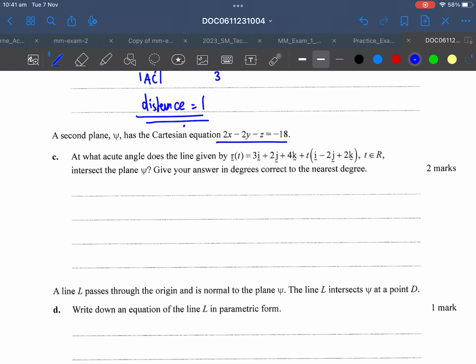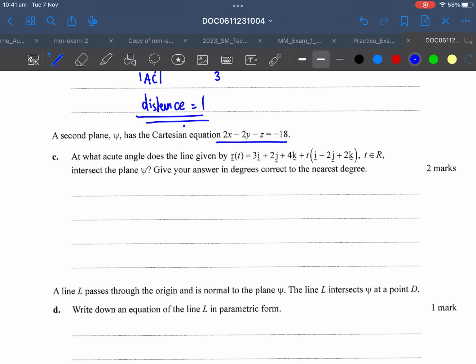So 2i minus 2j minus k, that's for the plane, and i minus 2j plus 2k, that's from here, all over the magnitude of 2i minus 2j minus k, and i minus 2j plus 2k.